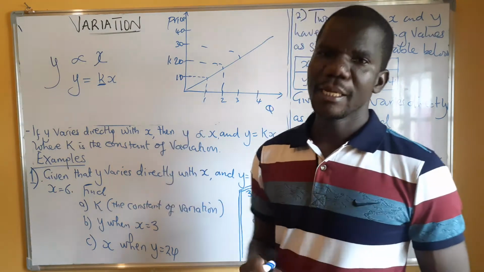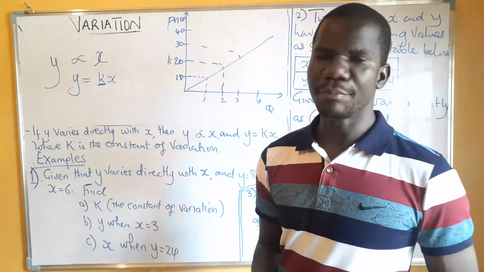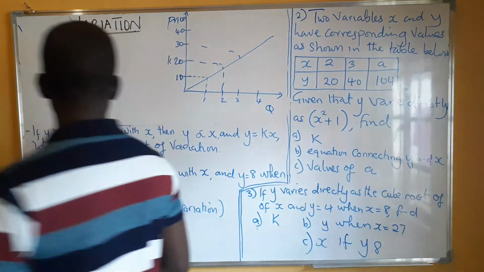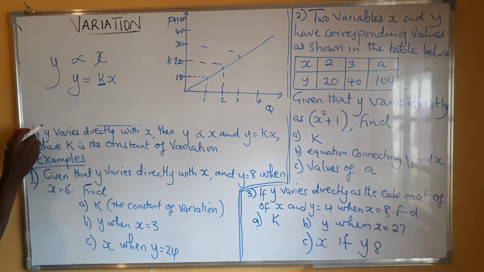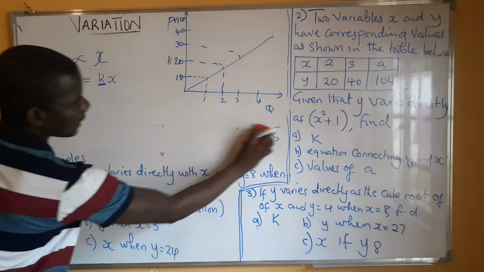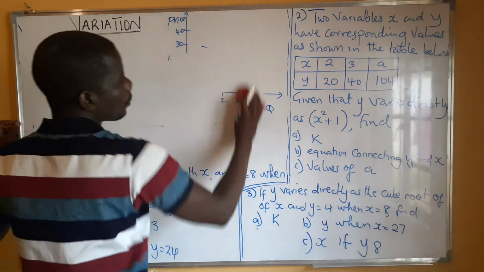So when we are writing the equation for the direct variation, the k should always be there. This part has been explained here.